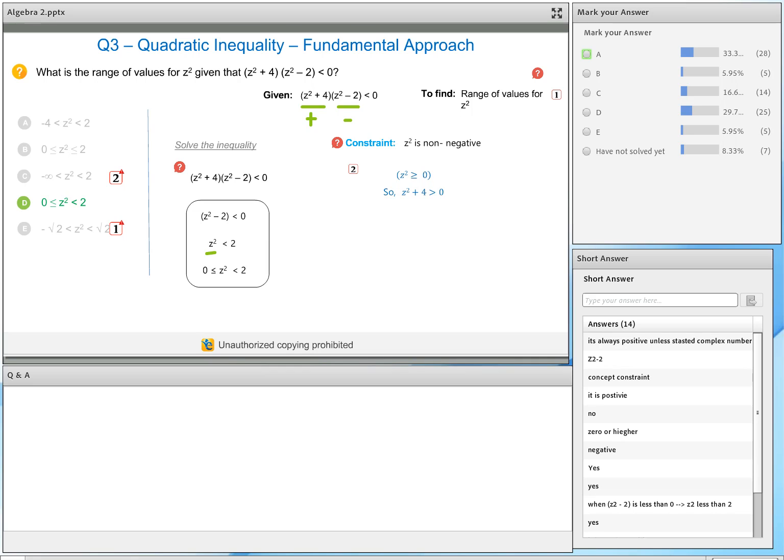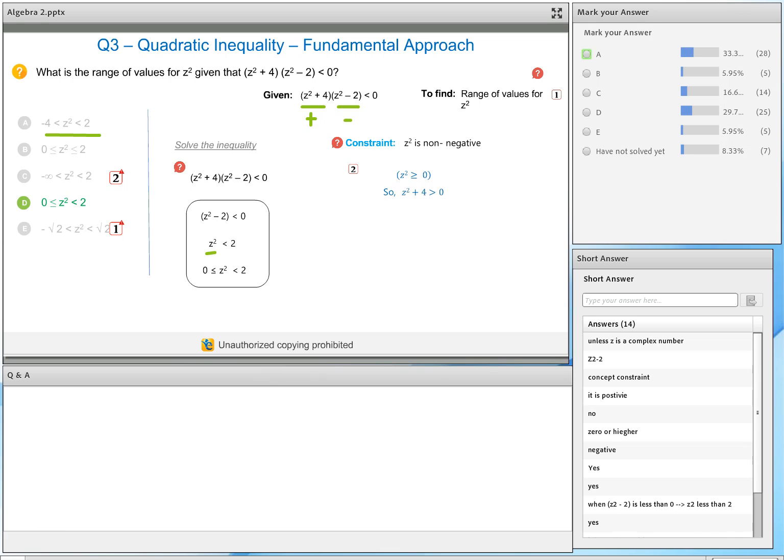Now, for those of you who selected choice A, you did not focus on the constraint that z square cannot be negative. That's why you made the mistake. From a quadratic inequality standpoint, you're okay, but you did not identify the constraint on z square, and that's a conceptual constraint.